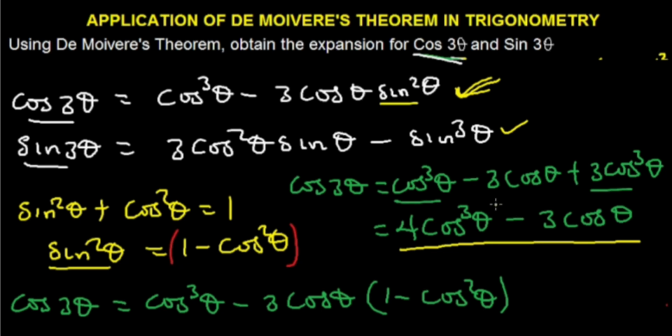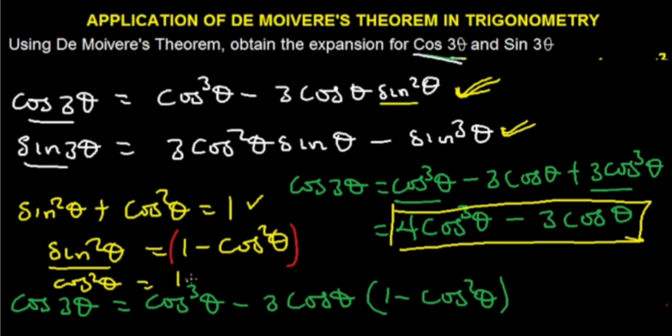Same thing, if I want to apply it to sine 3 theta, I will just expand this one and make everything be in terms of sine, still using this identity. That means my cos square theta will be the same as writing 1 minus sine square theta. So I'll just apply that in this place.